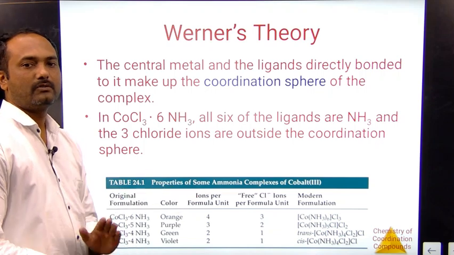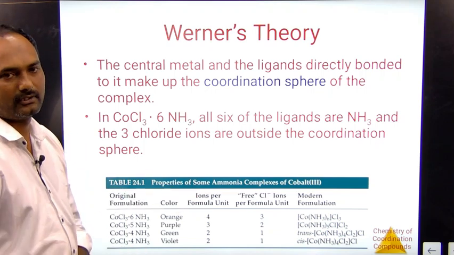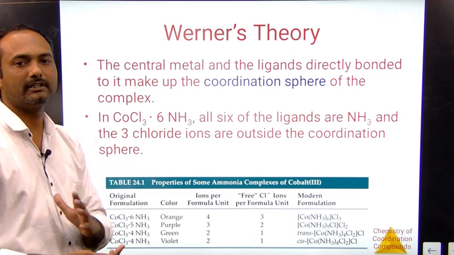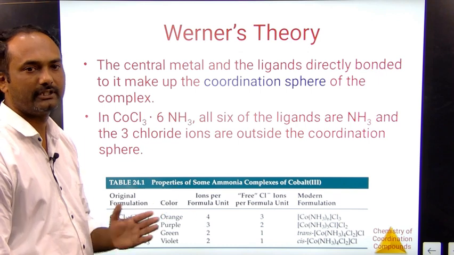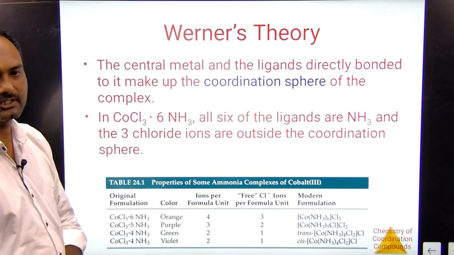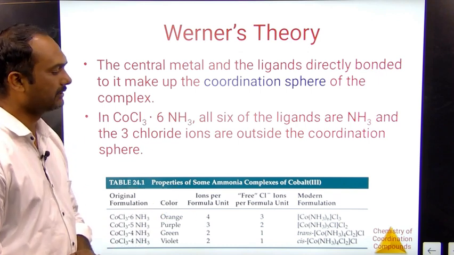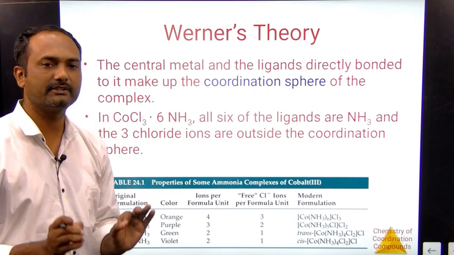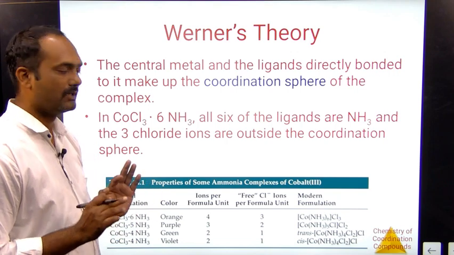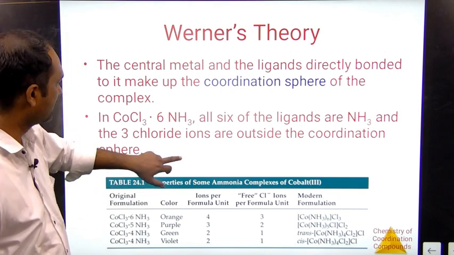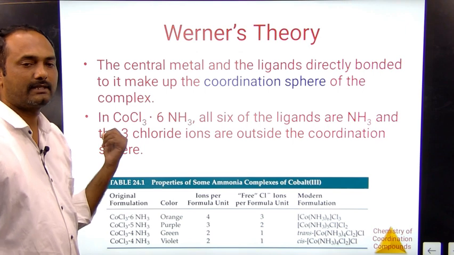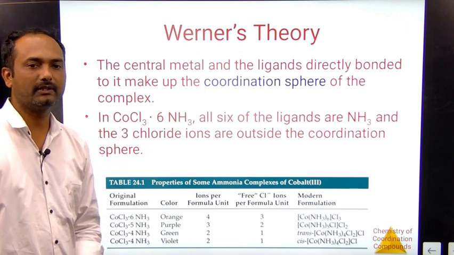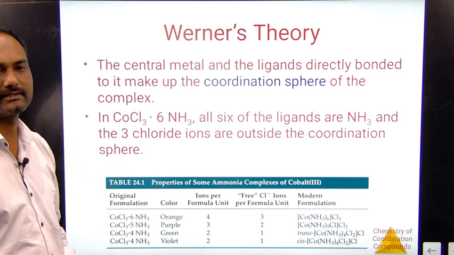Okay. So some assumptions are put forward by Werner's theory. The central metal atom and the ligands directly bonded to it make up the coordination sphere. So in the previous example we have seen that the things in the square bracket are known as the coordination sphere. Let's have one example, cobalt, which is bonded to 3 chlorine atoms and 6 NH3 ligands.